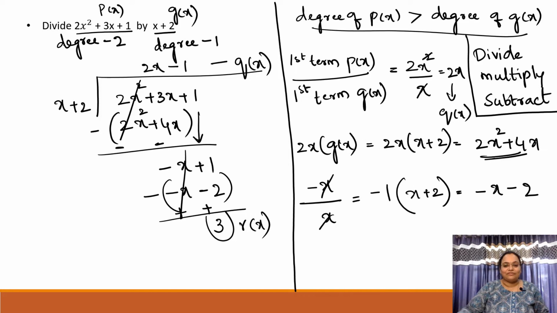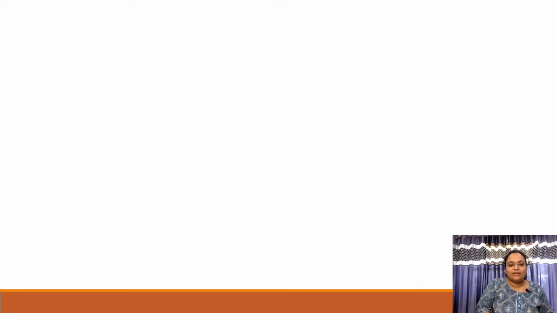Okay, now we need to verify the division algorithm. So how do we verify? From the division algorithm, p of x is equal to g of x into q of x plus r of x.